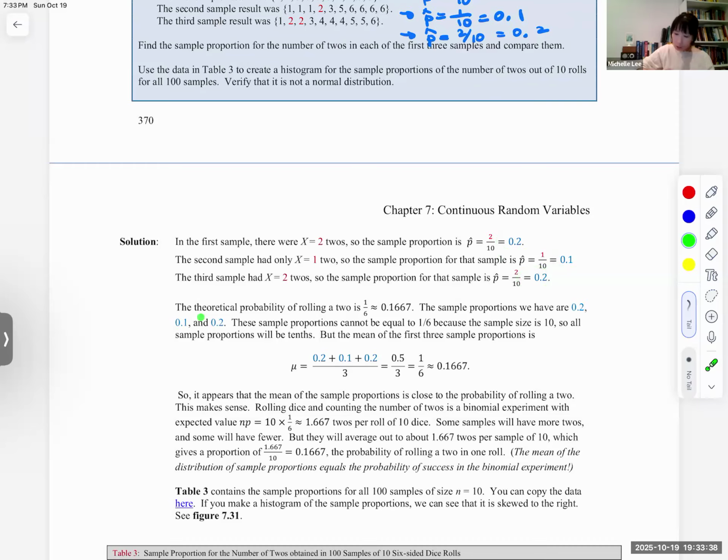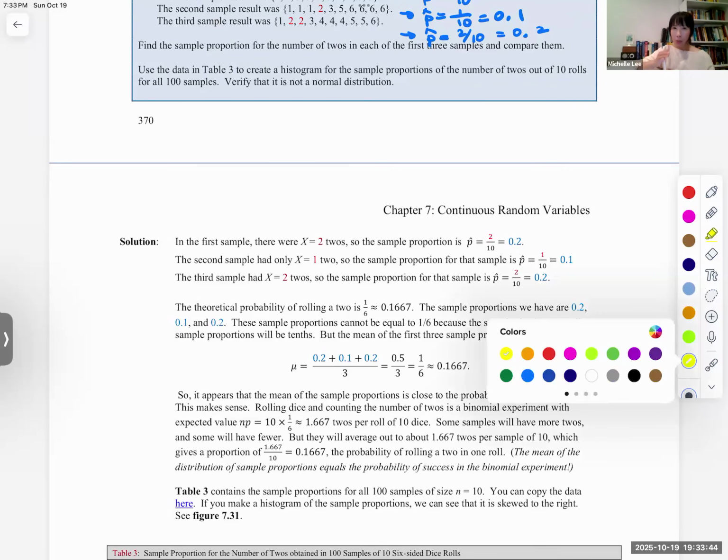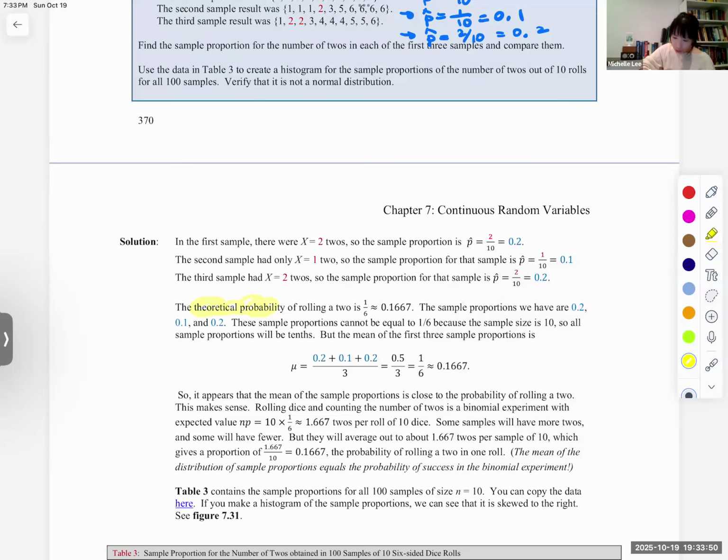And for theoretical probability, each number we get is 1 out of 6, right? So the theoretical probability is 1 over 6, which is 0.1667. But we cannot have a 6 as n, because we have n equal to 10.